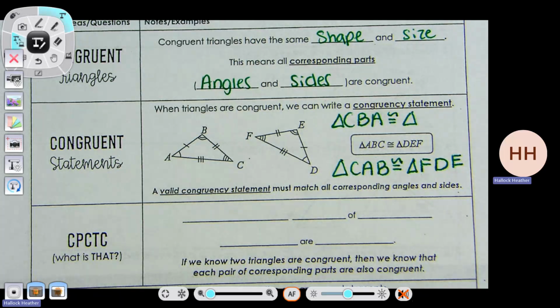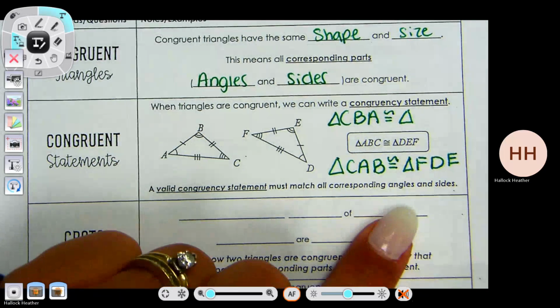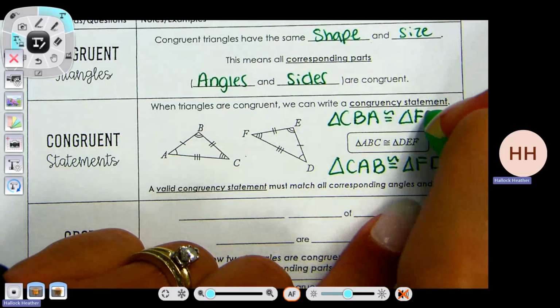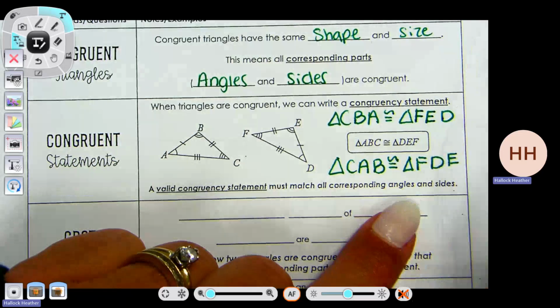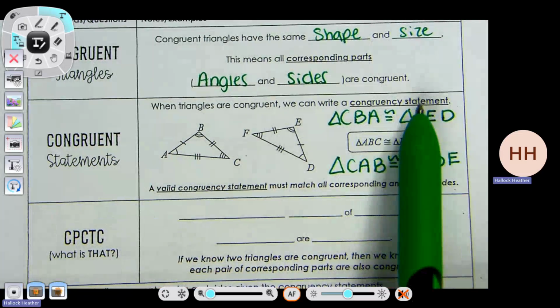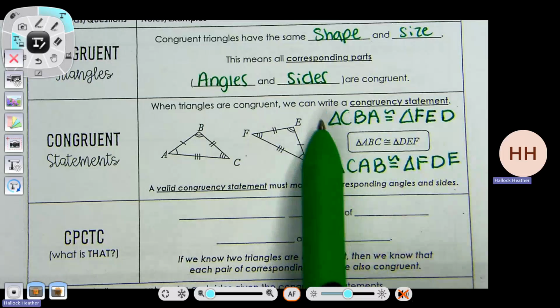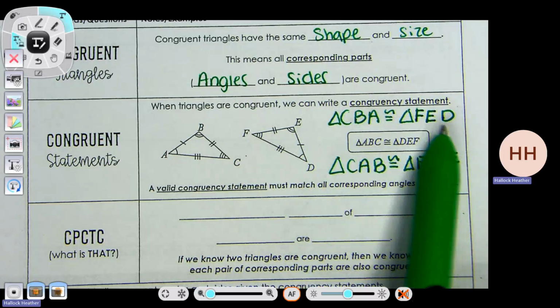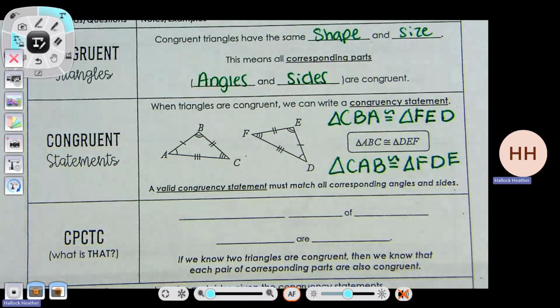So what would be the order for this? F, E, D. Because these are all on one triangle, and this is all the other triangle. So you can't have the same letter twice. Like B is not going to be here, B is not going to be here. A is not going to be used twice. They're 2 separate triangles. Okay, moving on.